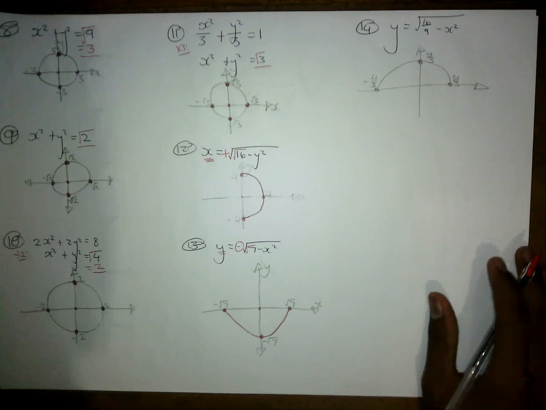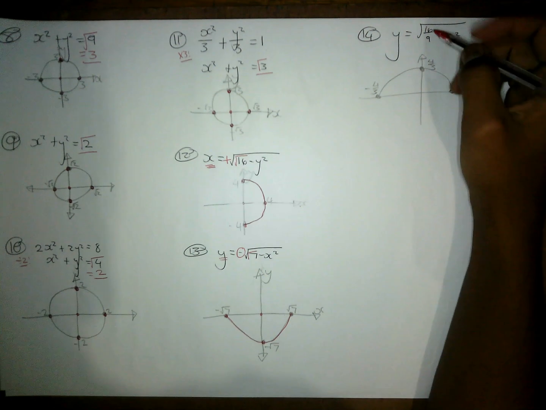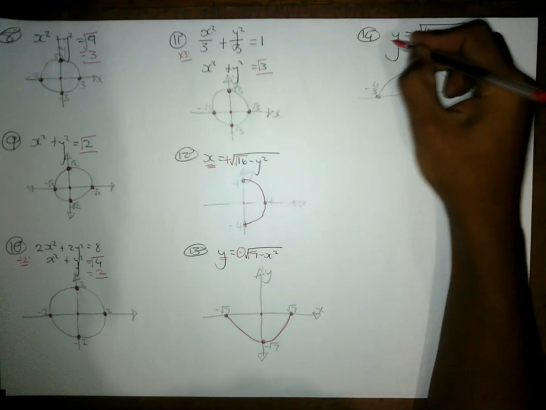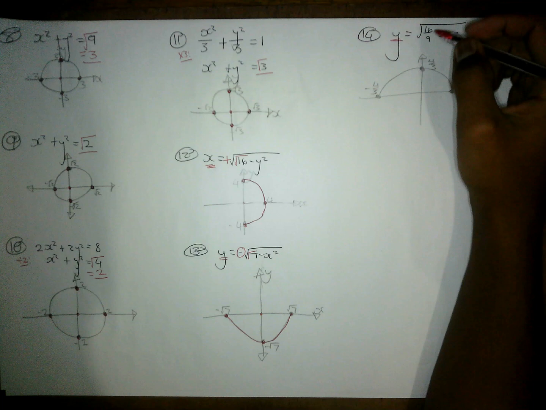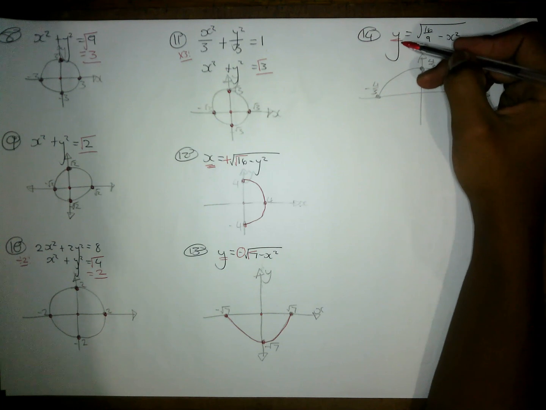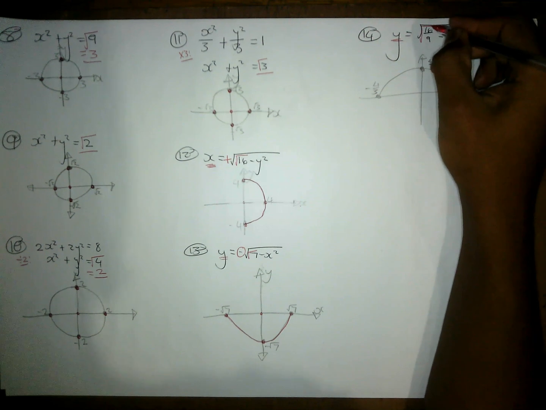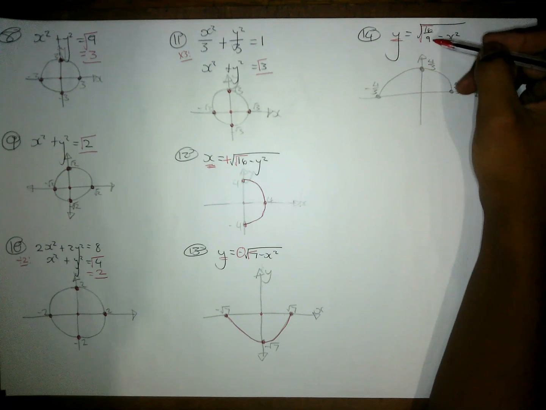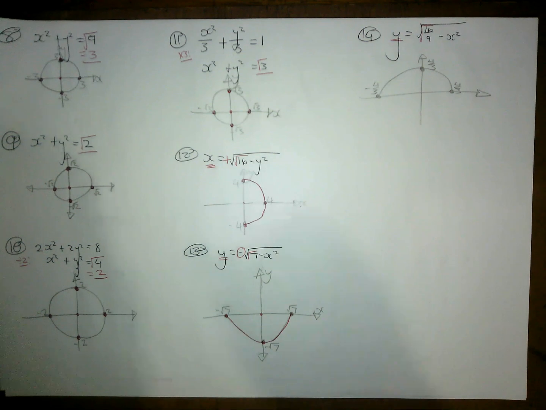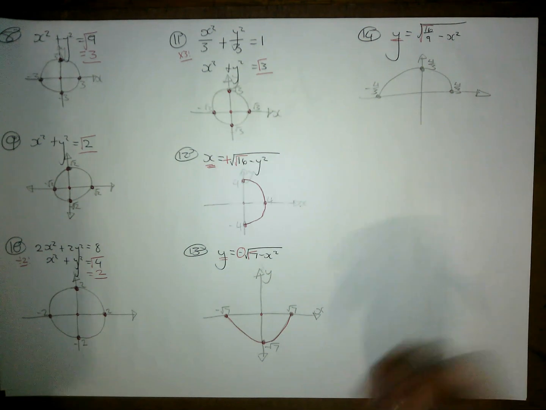Okay, so it's the same thing, right? Look at the number, and it's with respect to the y-axis now. So we know that the graph is gonna pass through the y-axis. We look at the number first. It's 16 over 9. So the square root of 16 over 9 is 4 over 3.